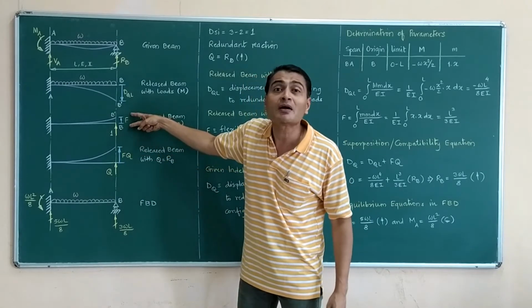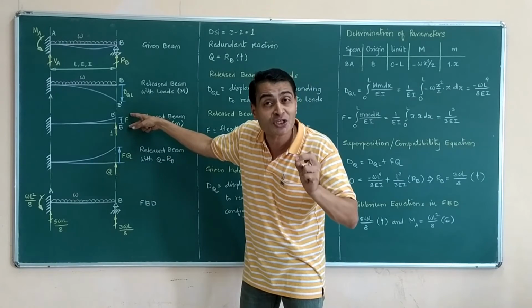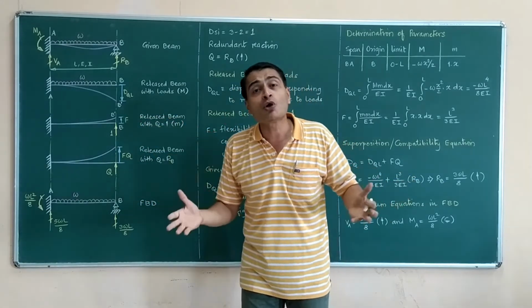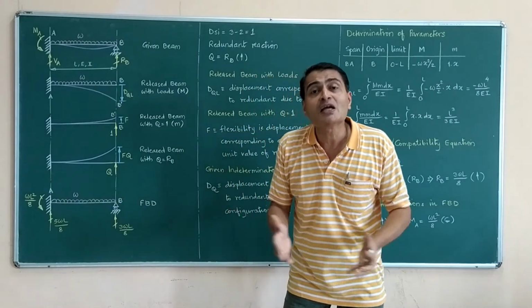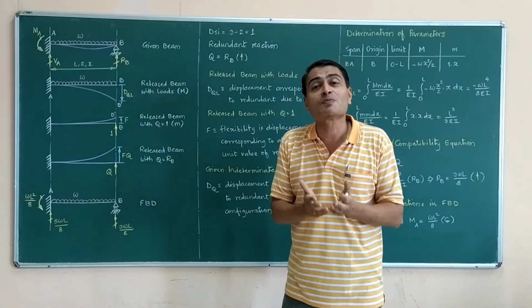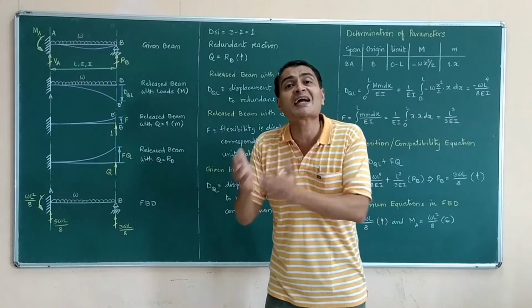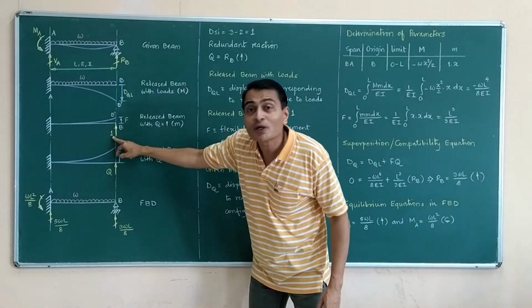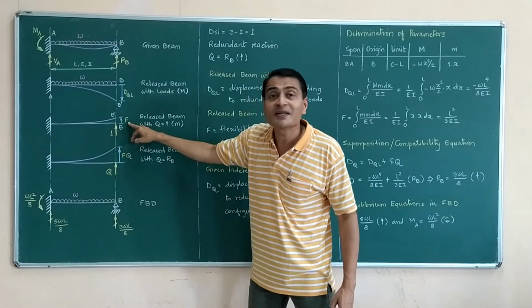My displacement under consideration is that of deflection and not slope, and this deflection I am going to call flexibility, because flexibility is the displacement corresponding to unit action. So it is a displacement corresponding to unit action, so I am calling it F.